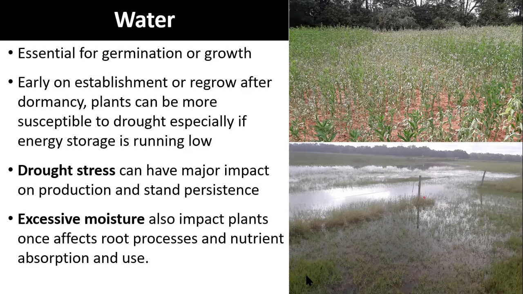So we can have the extremes, and we need to make sure that we are really considering the environmental conditions and the history of the land before we choose forages that are adapted to those conditions and can be the ones to succeed.